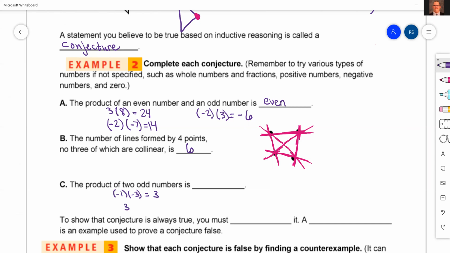What about 3 times 5? I get you 15. So I've done both negatives, I've done both positives. Now let's do a positive and a negative. So how about 5 times negative 7? That'd be negative 35.